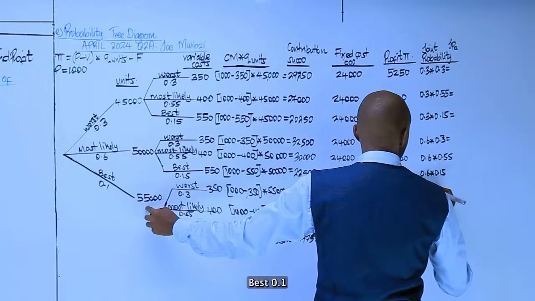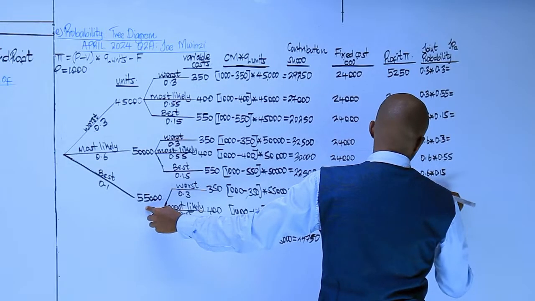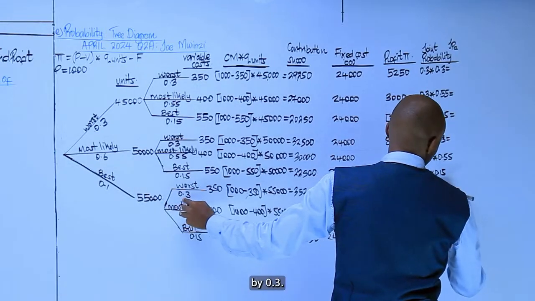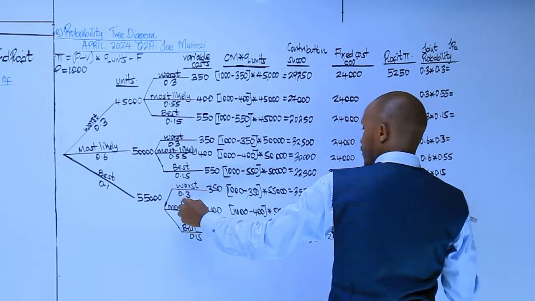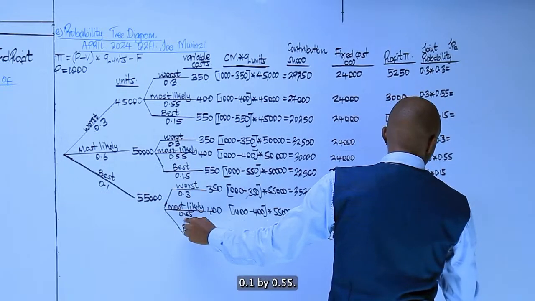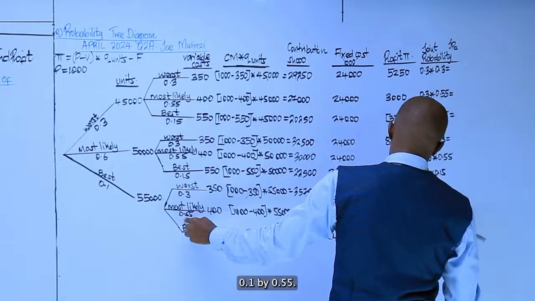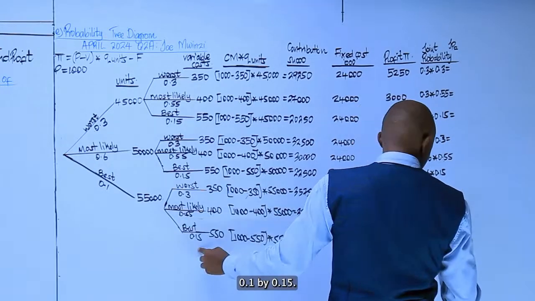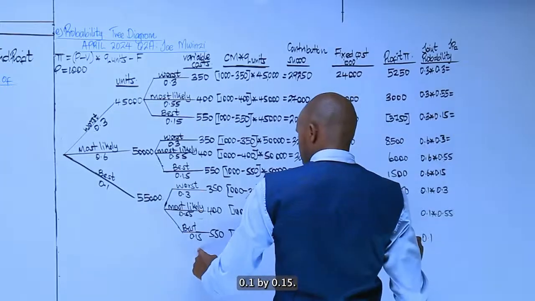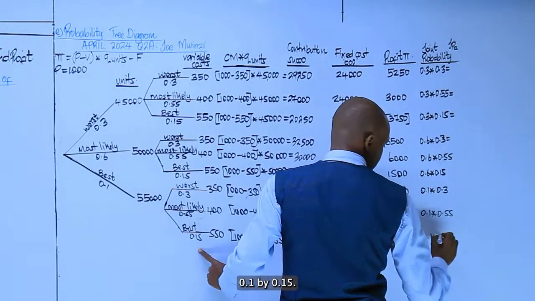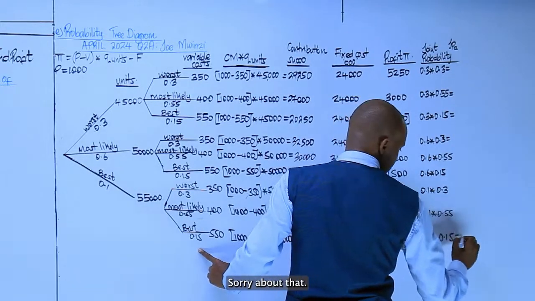Next 0.1 by 0.3, 0.1 by 0.55, 0.1 by 0.15. Sorry about that.